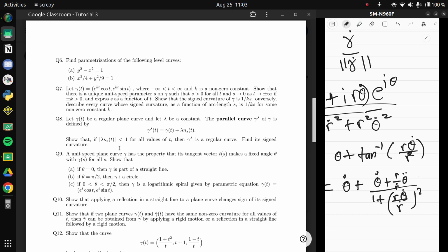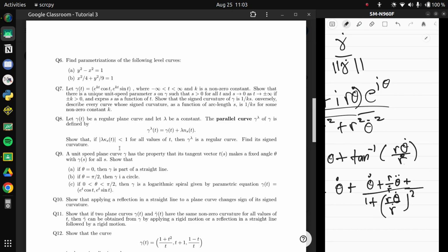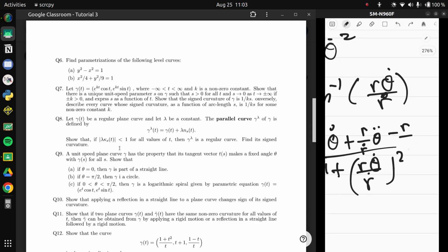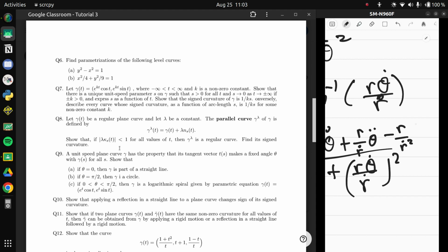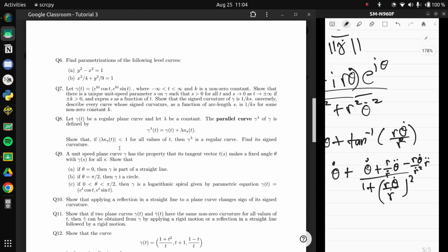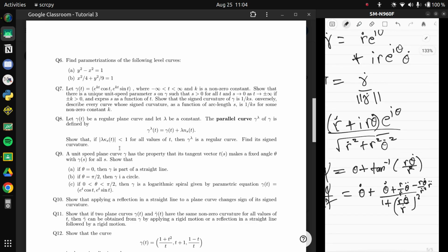Okay, cool. Plus, if I differentiate this, I can do minus r upon r dot squared, then you got theta dot, and then you got an r double dot. Interesting. Okay, so that's your d psi by dt.